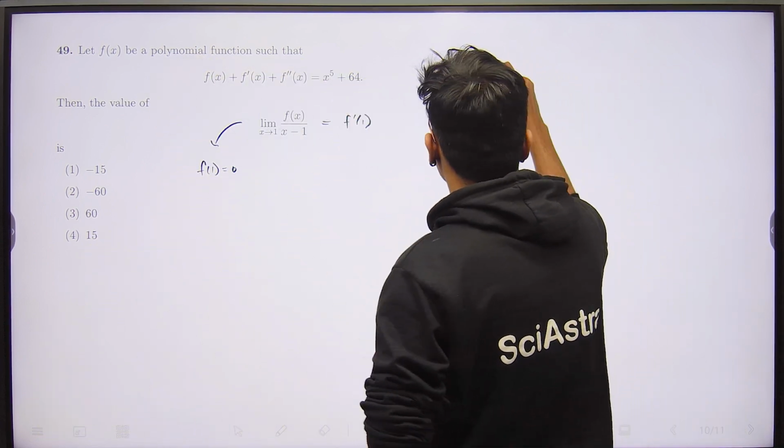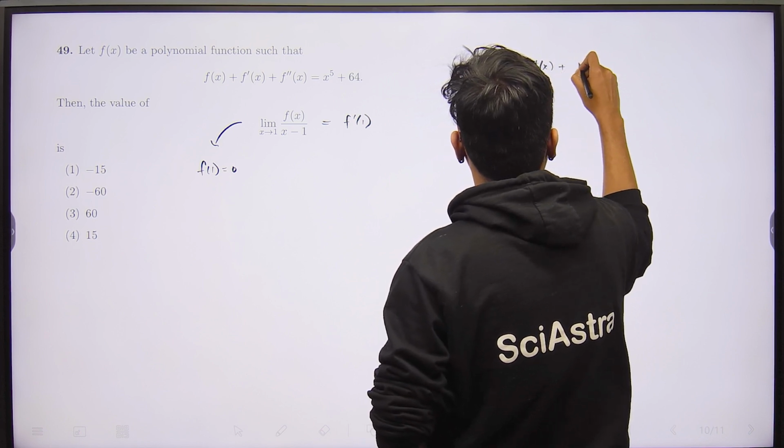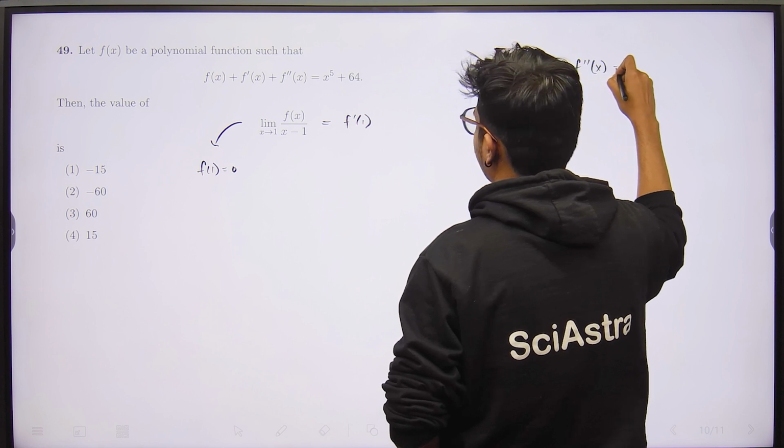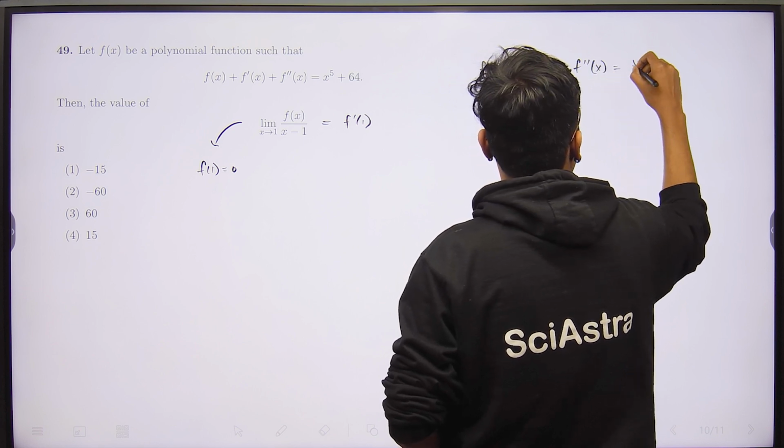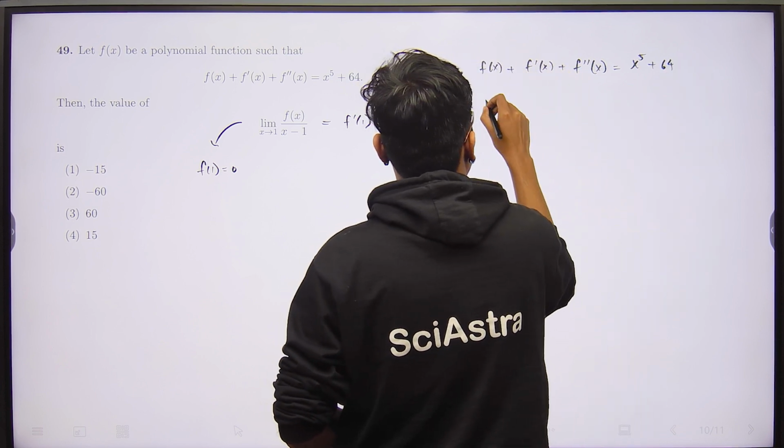Now let's look at the equation given to us. We have f(x) plus f prime x plus f double prime x is equal to x to the power 5 plus 64, right? So if I differentiate this further, ये polynomial है, so I can differentiate it, right?